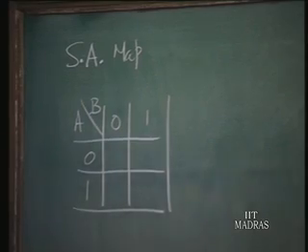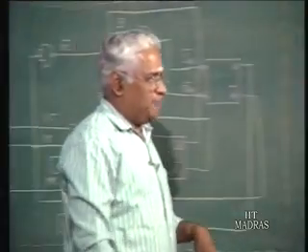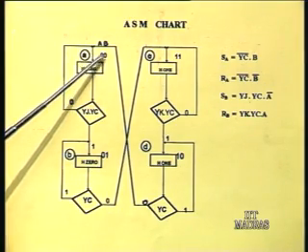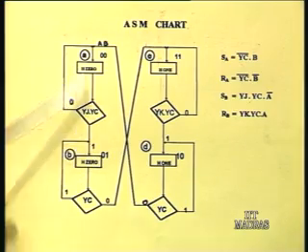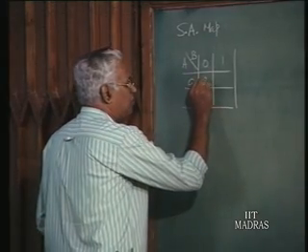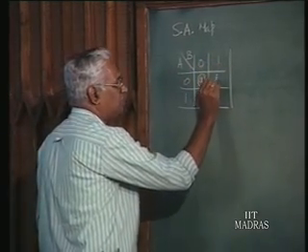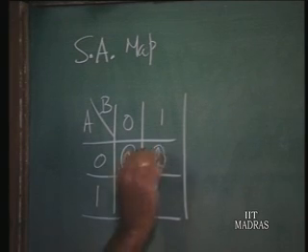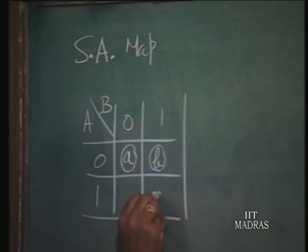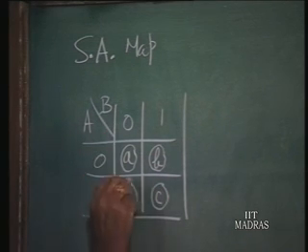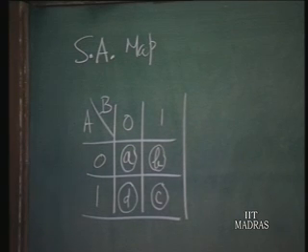Let us see the chart again and see that A and B both being 0 corresponds to state A. A0 B1 corresponds to state B, and A and B both 1 corresponds to state C, and A1 B0 corresponds to state D. This is our state assignment map which we had done earlier.